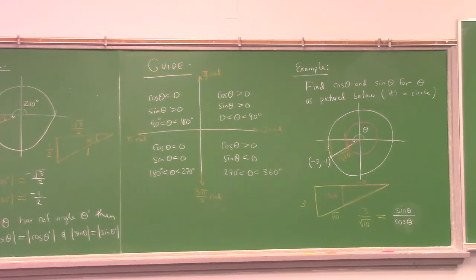So sine theta is 3 over root 10 times the square root of 10 over 19, with a minus. So it is indeed minus the square root of 9 over 19 if you like. You could have kept the 3 up front, but anyway.